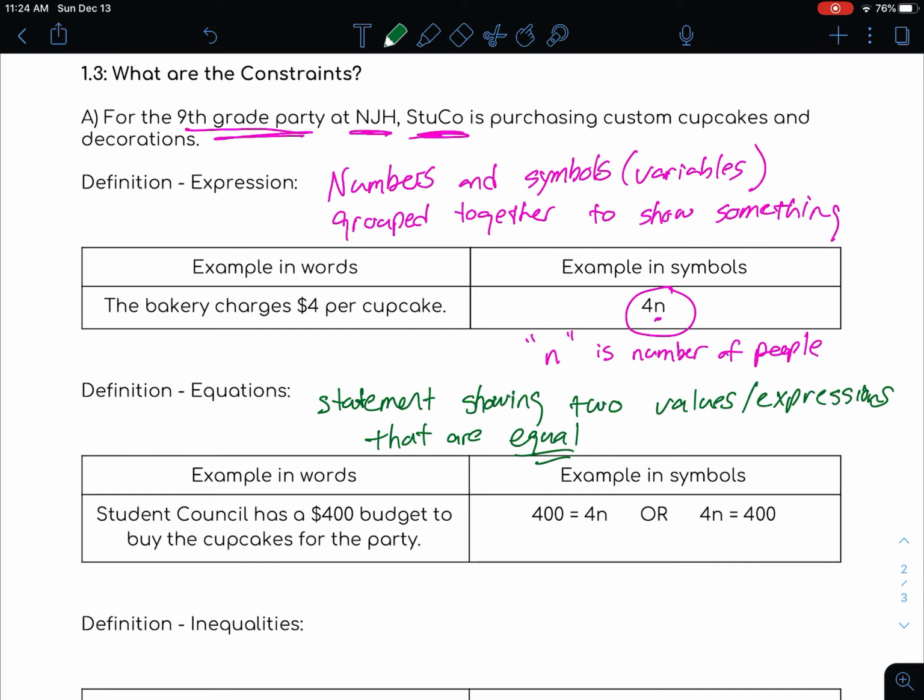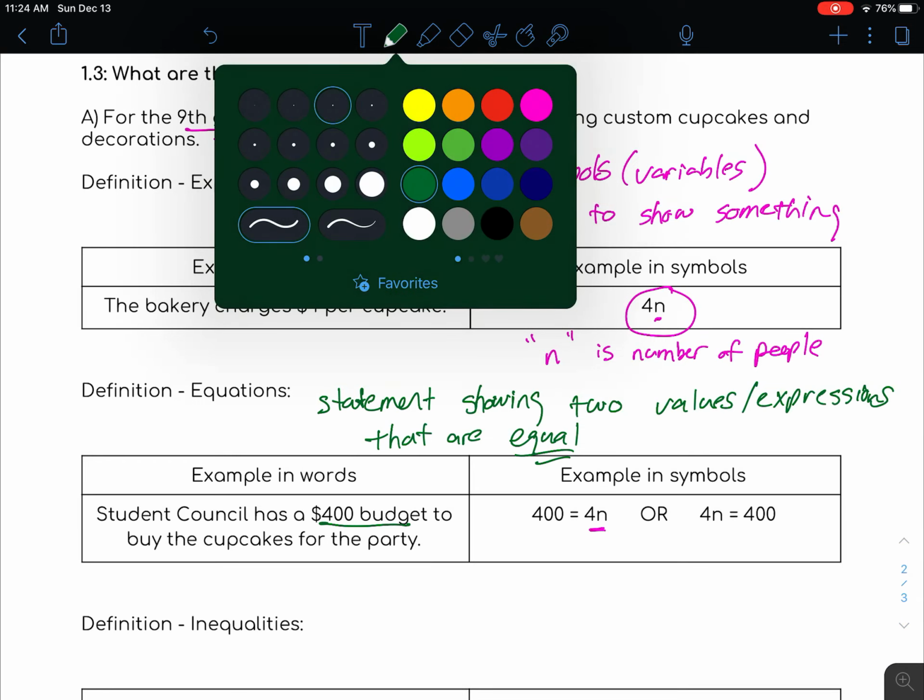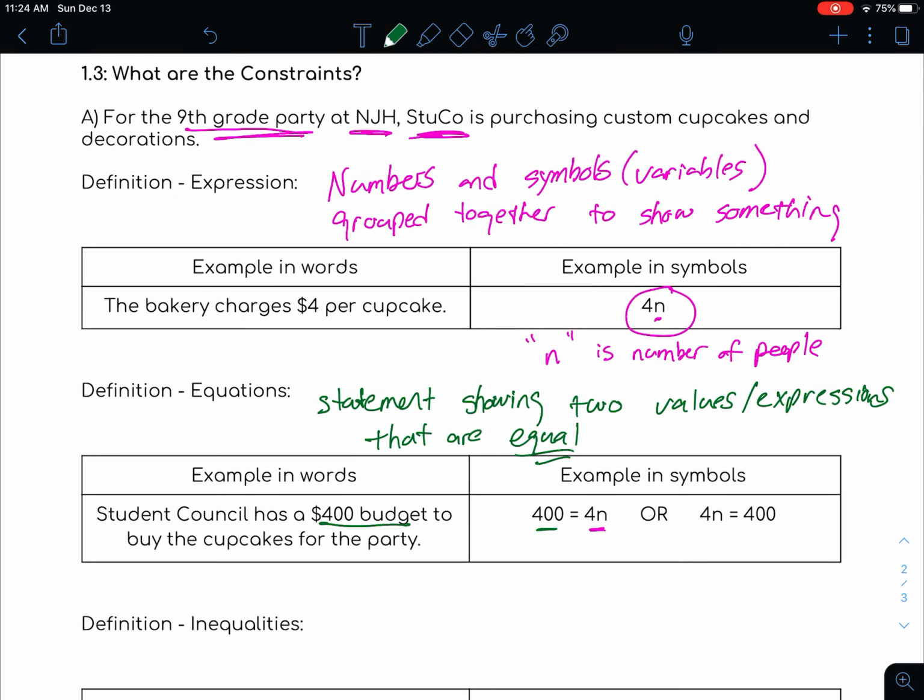So we now have equal signs when we start looking at equations, right? So student council has a $400 budget to buy the cupcakes for the party. So we're adding that piece. Now we have the expression that we used in the previous problem. Remember, our expression is $4 per cupcake, and then we're thinking about the number of people. But now we have a $400 budget that we need to be thinking about as well.